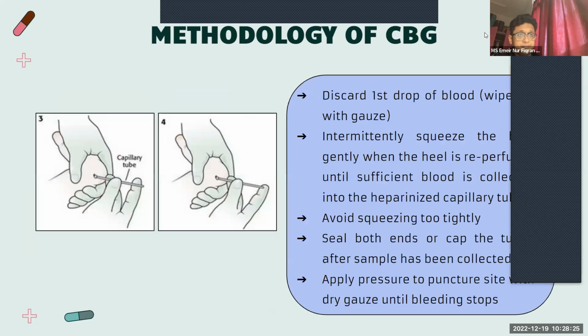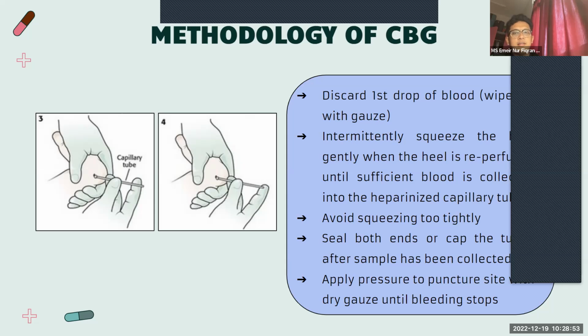Let's continue. Next, we must discard the first drop of blood. We wipe it with gauze because we want to take the next sample. Next, you must intermittently squeeze the heel gently, not forcefully, not too hard, to reperfuse the heel until sufficient blood is collected within the heparinized capillary tube.